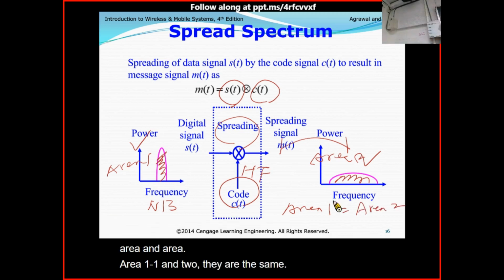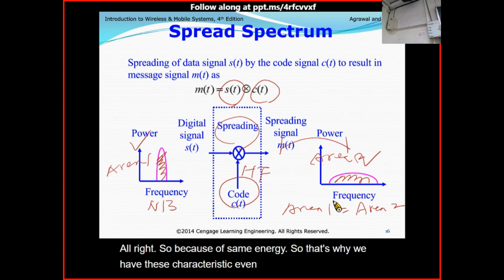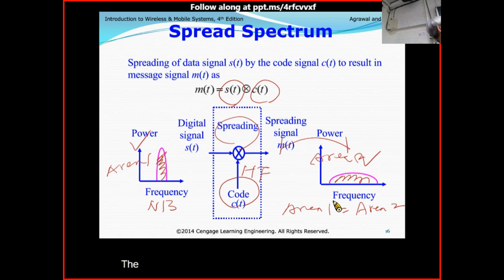Alright, so because of the same energy, that's why we have this characteristic. Even if we have a narrow band and after spreading, we have the wider band, narrow band and wider band will still have the same area because we need to have the same energy. Alright, so this is a concept for the spread spectrum.